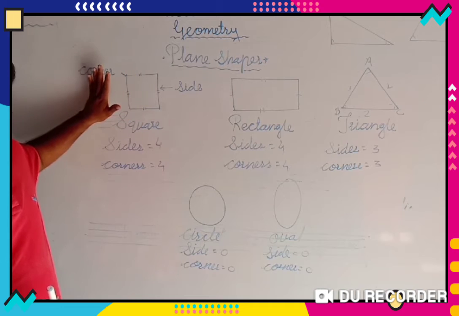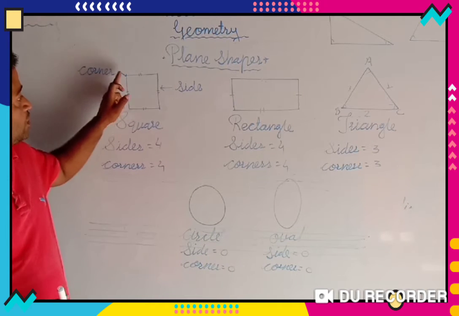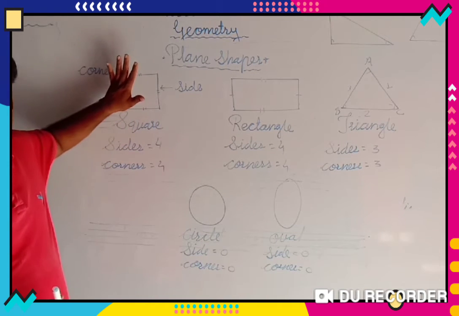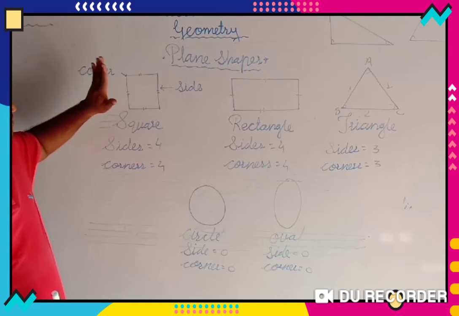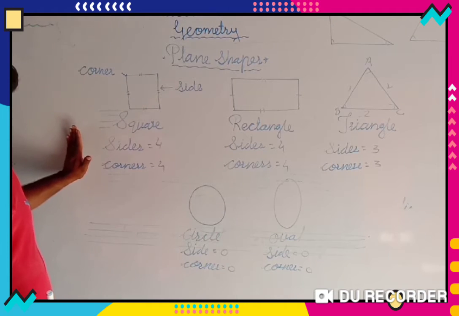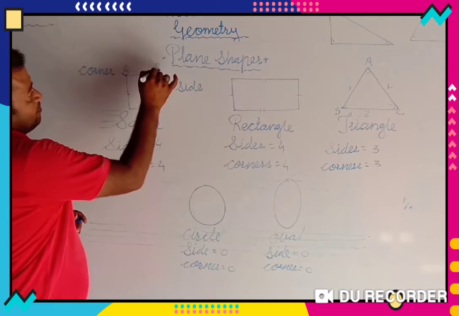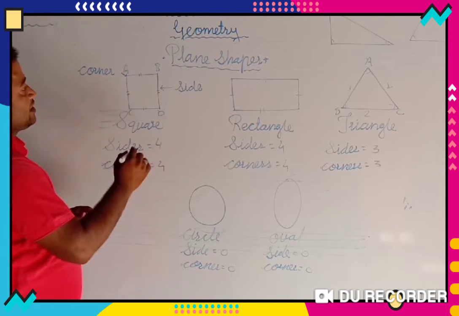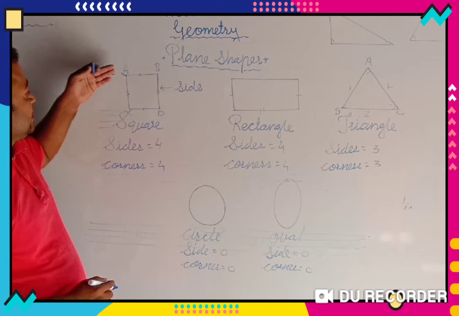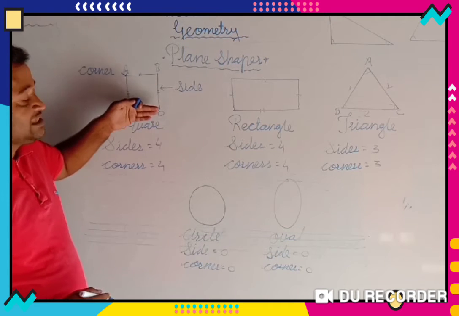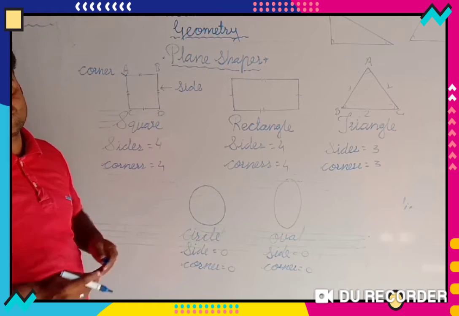The first one is a square. Keep it in mind that in a square, all four sides are equal. It has four sides and four corners. If you want to write down sides, just give names A, B, C, D. So you can write down AB is one side, AC is the second side, BD is the third side and CD is the fourth side.